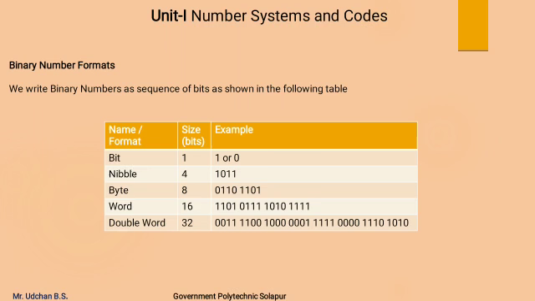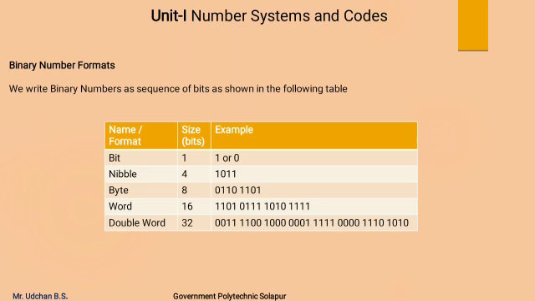Next we will see different binary number formats. We can write the binary numbers as a sequence of bits as shown in the following table. There are different formats shown in the table, that is bit, nibble, byte, word and double word. A bit has a size of 1 bit, a nibble has a size of 4 bits, a byte has a size of 8 bits, or in other words, two nibbles together form a byte.